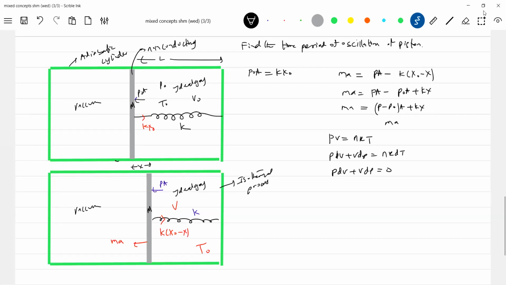So you can call this dP equals minus PdV by V. So Ma is equal to minus PdV by V into A plus Kx. What is the change in volume? A into x. What is P? I think P is the initial pressure.